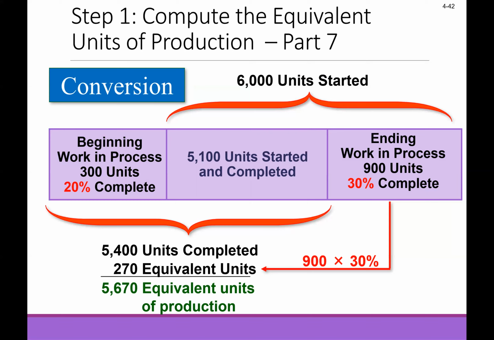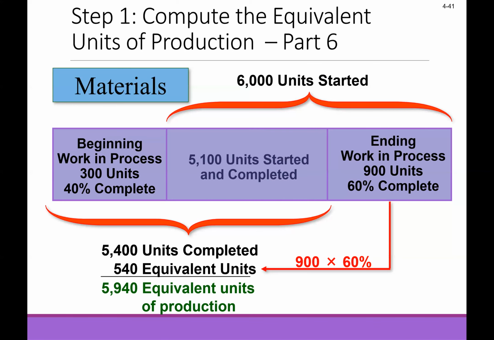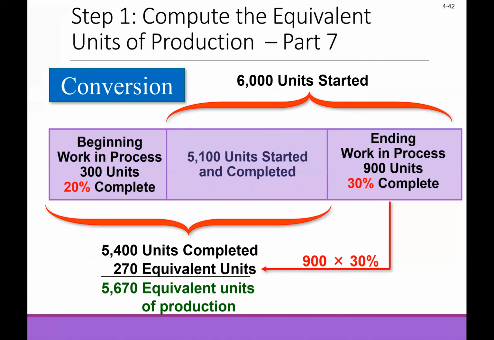Conversion, so let's just go back here to make sure. This was for material purposes only. For conversion costs, we started with 300 units, but they were 20% complete for conversion purposes. 5,100 units, plus we brought in 300 units for the period.